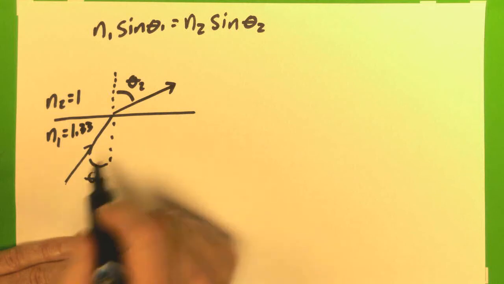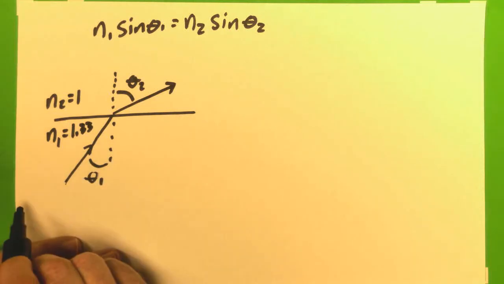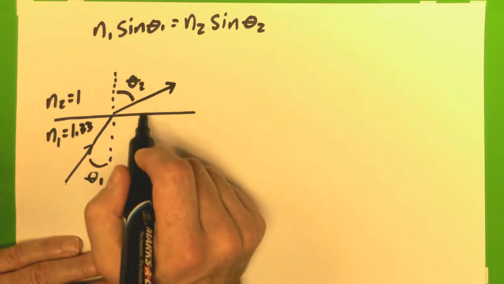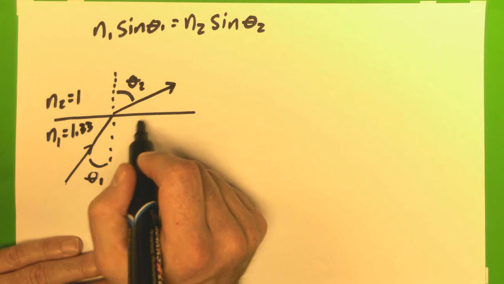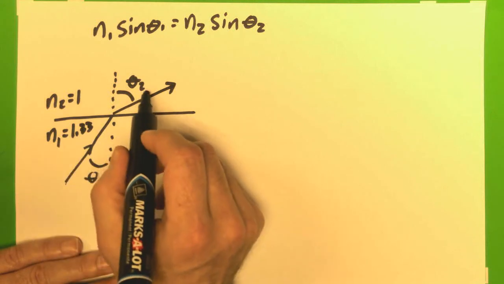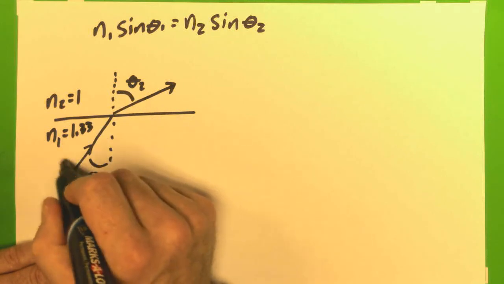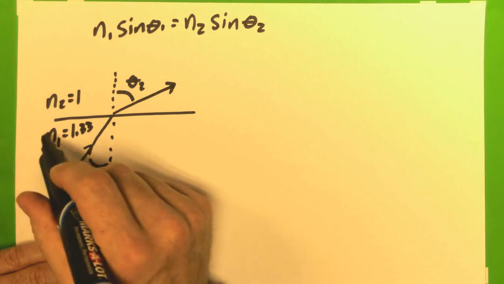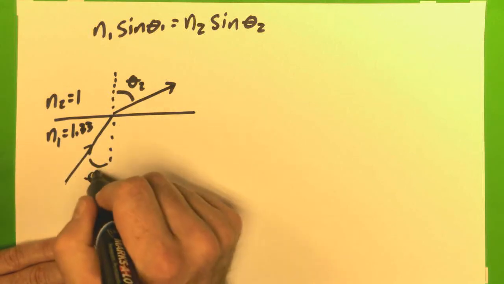Okay, so with that being said, what if I make theta 1 a little bit bigger? Well, theta 2 is going to get bigger, but it's going to get bigger faster because it bends away. And if I keep making theta 1 bigger and bigger, theta 2 eventually is going to hit 90 degrees, when theta 1 is still far from 90 degrees, because theta 2 has to be bigger than theta 1.